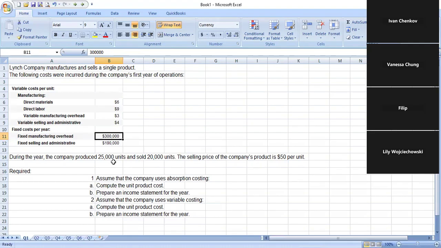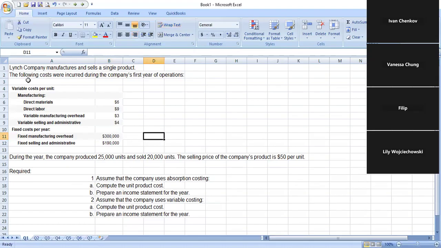So I need the fixed manufacturing overhead per unit. If I have the total amount, I divide it by the number of units produced to get it per unit. Then compute the unit product cost and prepare the income statement for the year. The second one is to assume the company is using variable costing, compute the unit product cost, and prepare the income statement. Seems like a very straightforward question.